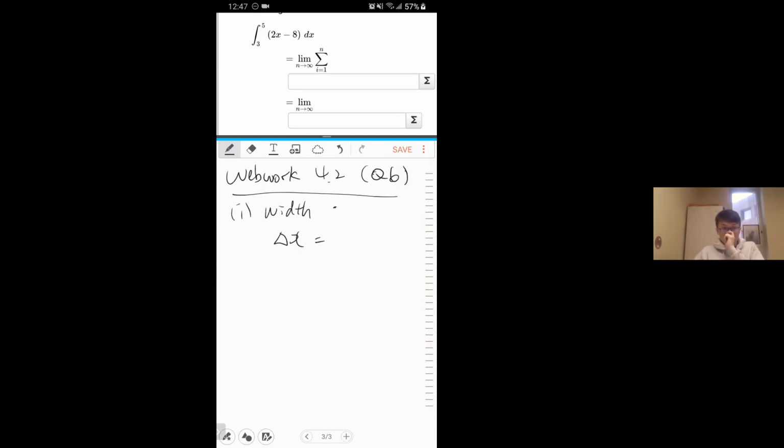So how do I compute the width of the rectangle again? Assuming we're taking n rectangles, what is delta x?